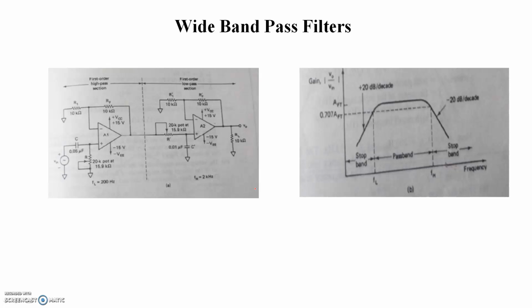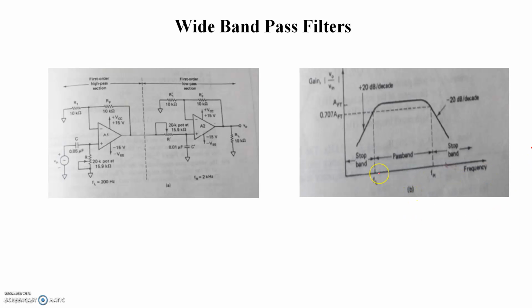However, we can define a filter as wide bandpass if its figure of merit or quality factor Q is less than 10. We can say that a bandpass filter is narrow band or wide band depending on its quality factor or figure of merit.